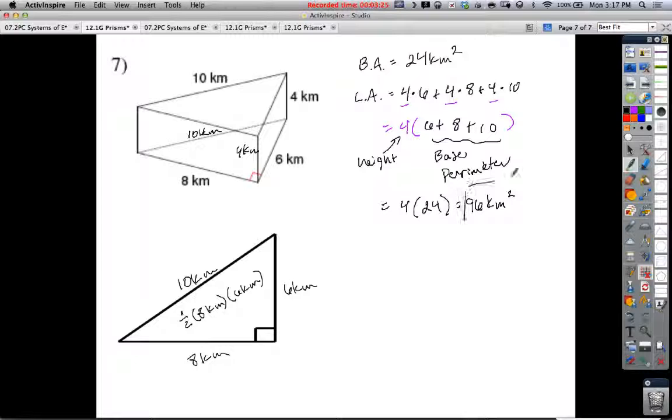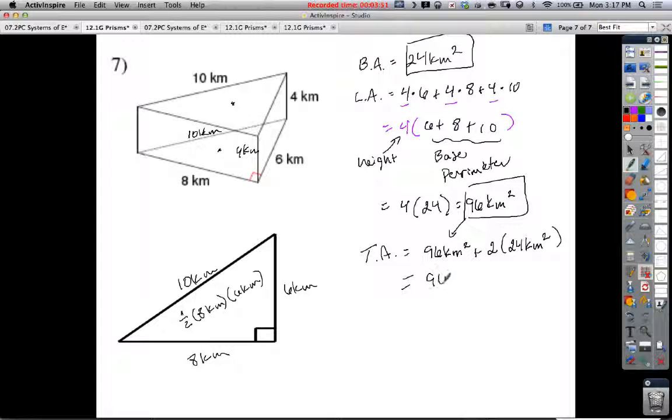So now we've got our lateral area, we've got our base area, now we just need to find the total area. Well, the total area is just everything, right? So we're going to take the lateral area, 96 square kilometers, and then add, well, I've got one base down here and one base up here, so I actually need 2 times 24 square kilometers.